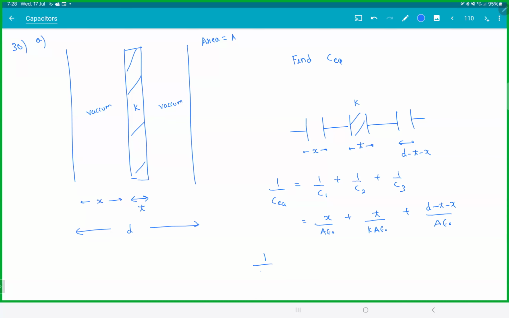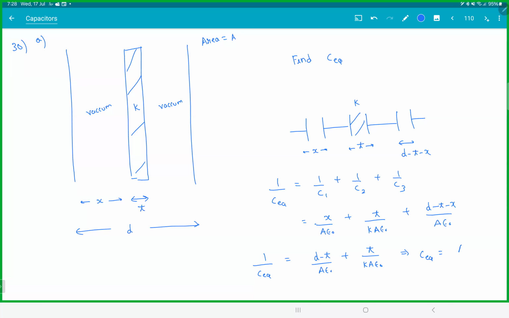So when you add them, you will find that X gets cancelled. So D minus T by A epsilon plus T by K A epsilon. So the answer is independent of the position of the slab, meaning you can push that slab anywhere you want and the answer won't change.